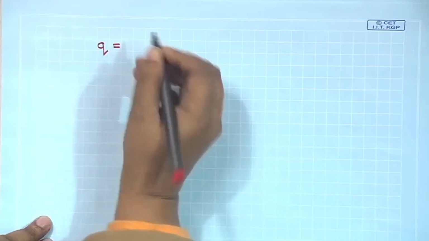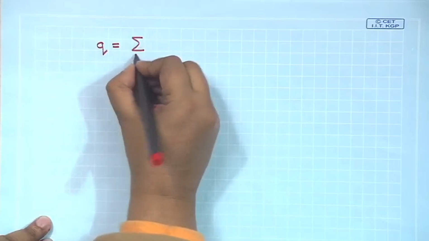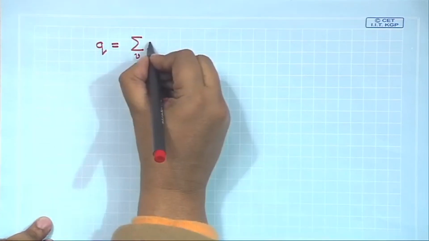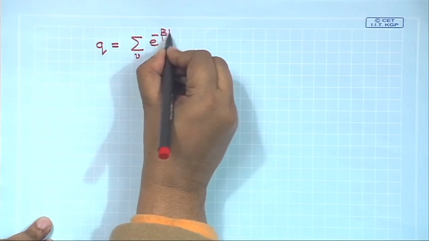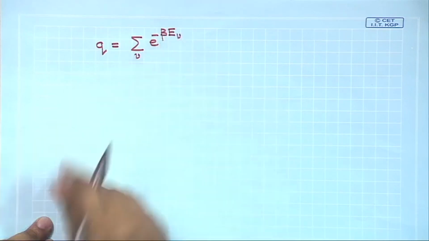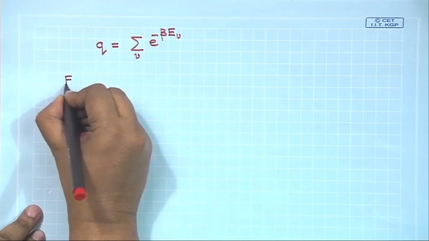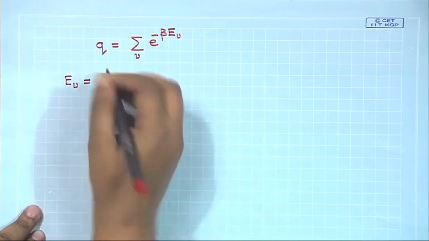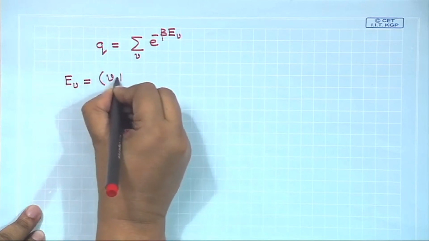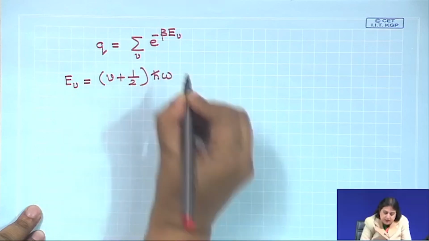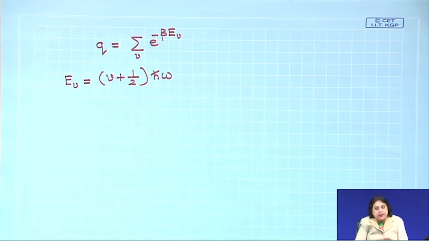The answer is q must be equal to summation over all possible microstates of this oscillator e to the power of minus beta E_v. Now, for a given simple harmonic oscillator, do I know what E_v is? The solution of Schrodinger equation tells me that possible values of E_v are (v plus half) h cross omega.